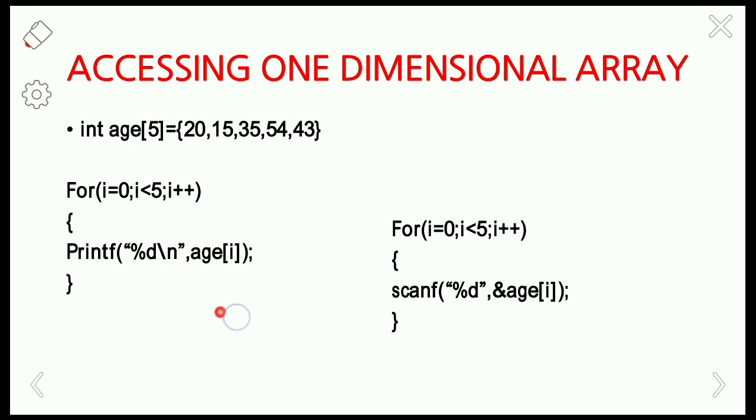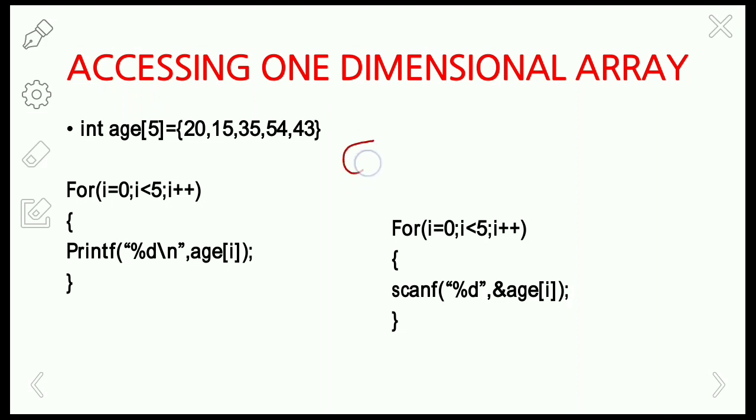In the subscript we have to mention the particular person. If you want to print the age of the second person, you give the subscript as age[1], then it is going to print the age of the second person.